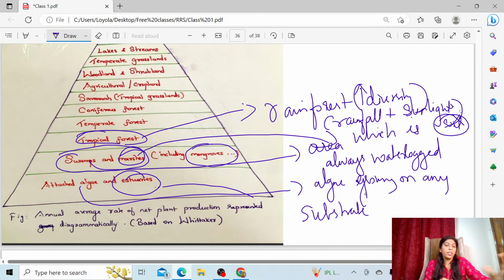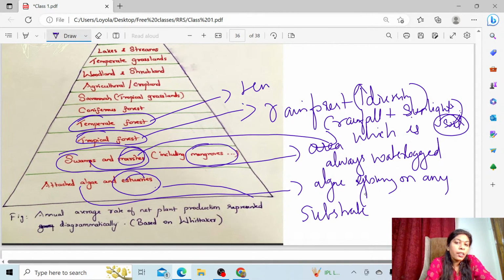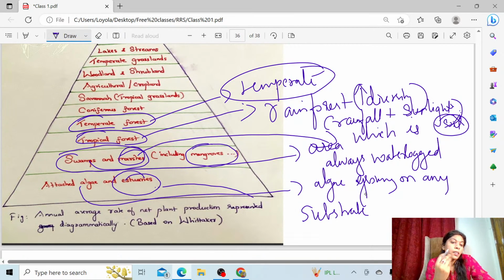Coming to the temperate forest, this will always be found in the temperate areas, where there is less rainfall, less sunlight and lower temperatures. These are the conditions for the temperate forest. So they are not very thick or dense; the canopy is not as dense as in the case of tropical forest.